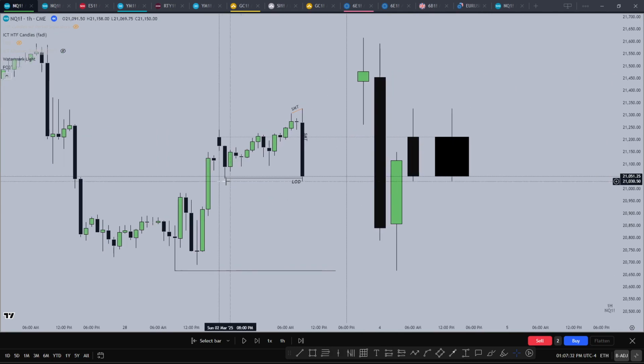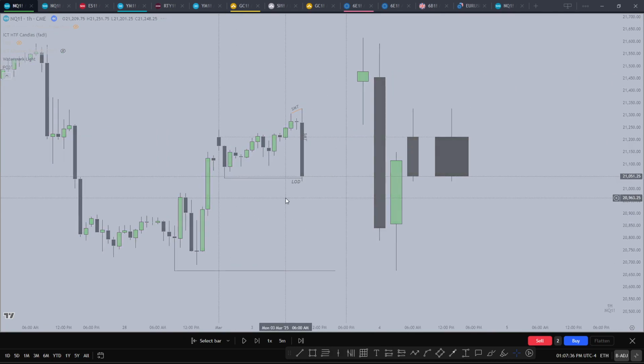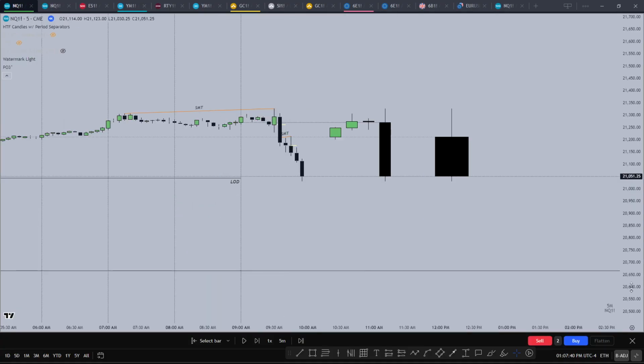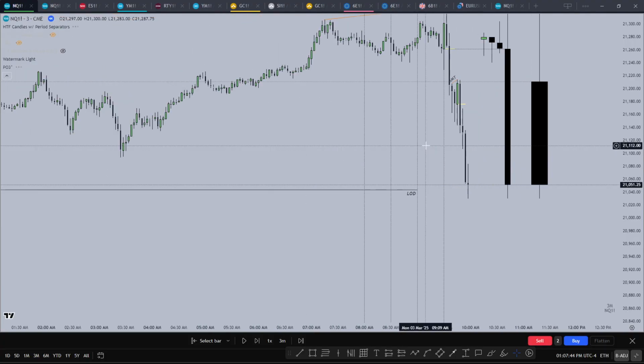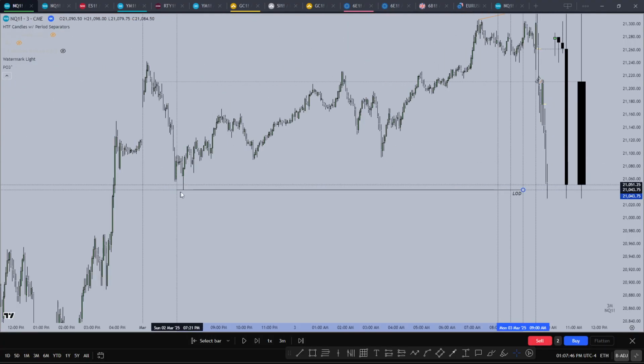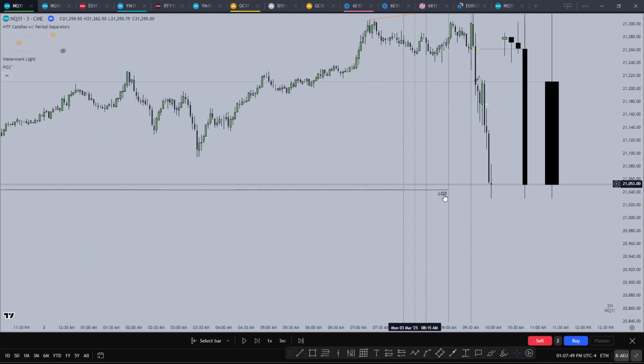Your initial target would be current unestablished low of the day, okay. This current unestablished low of the day, right?